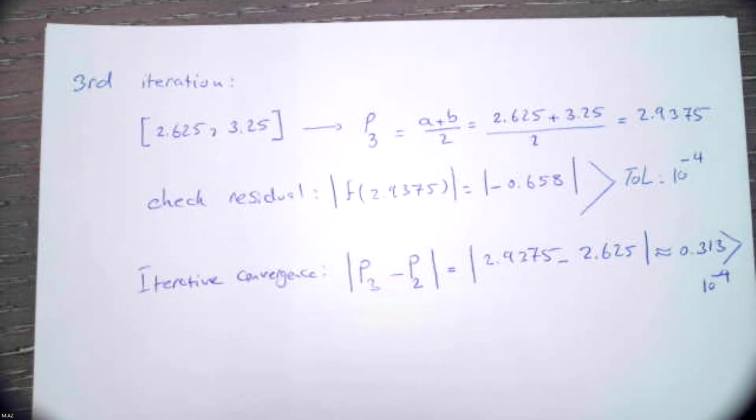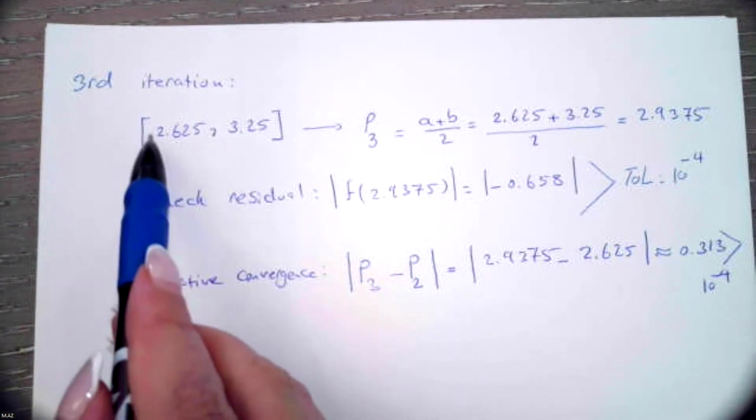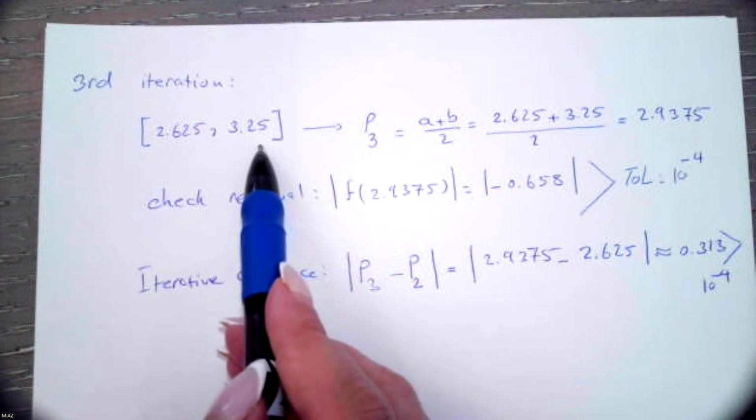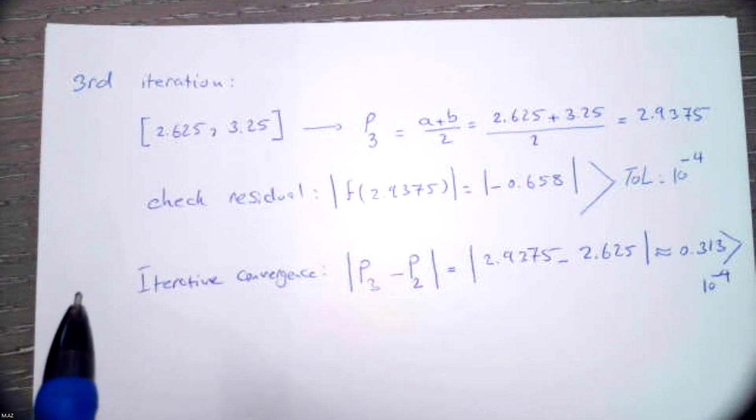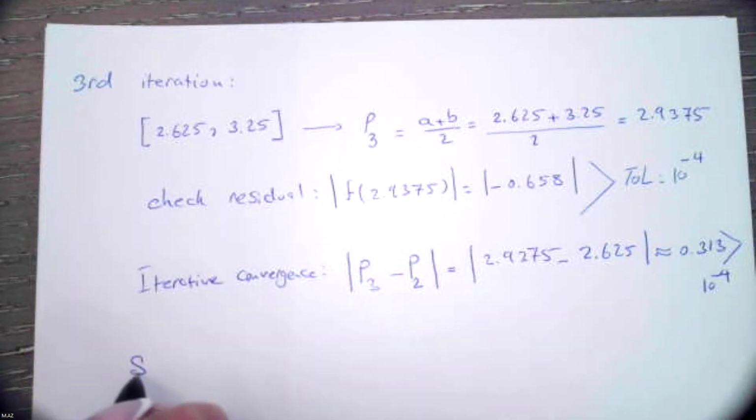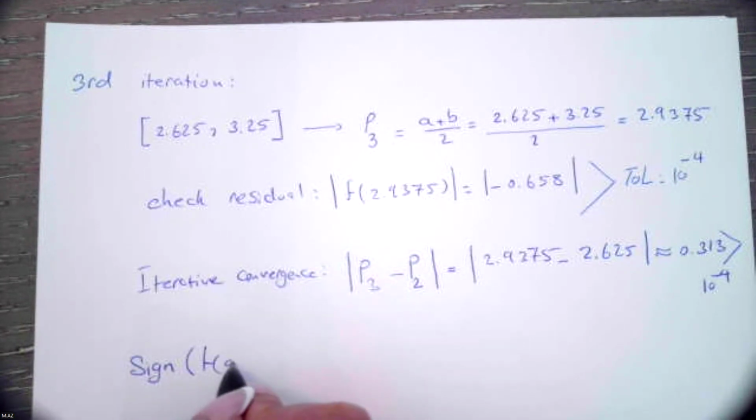Before going to the fourth iteration, we should set up a new bracket or new interval. How can we find the new interval? Again, we are using the signum function between A and the midpoint.